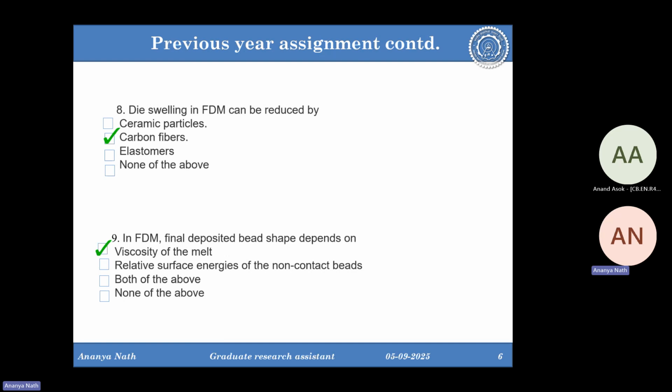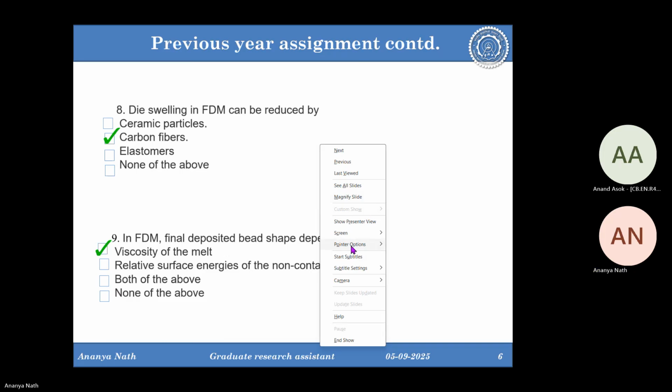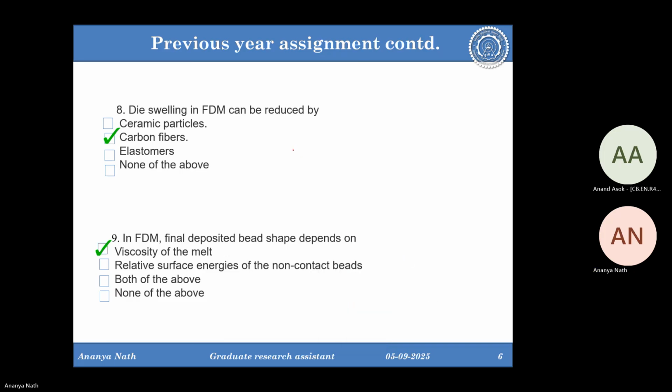If you remember, depending upon the speed, you will get this shape of the track. It's also true that depending upon the viscosity of the melt, you will get the shape of the bead, whether it's this on the build plate or it's this. It depends upon the viscosity.